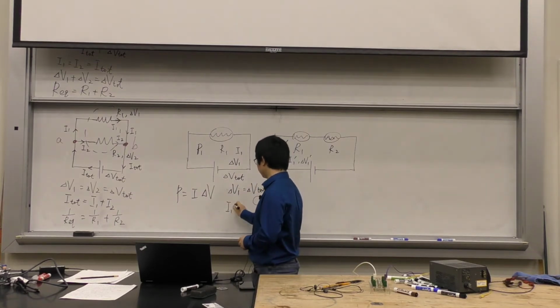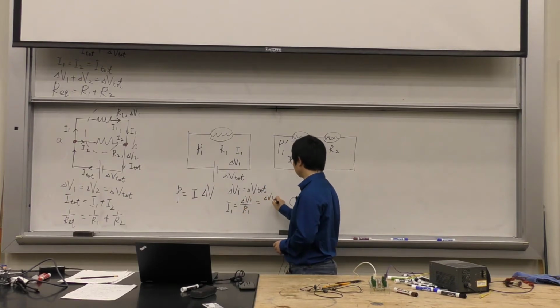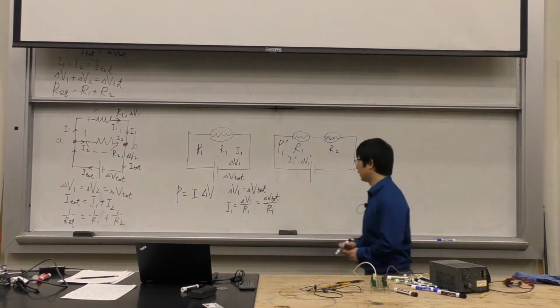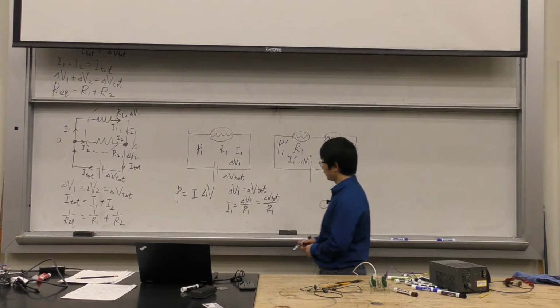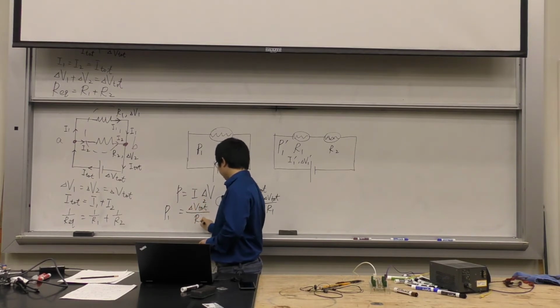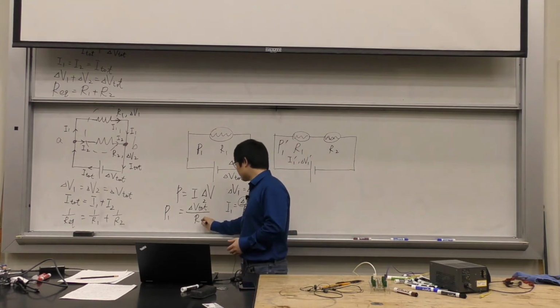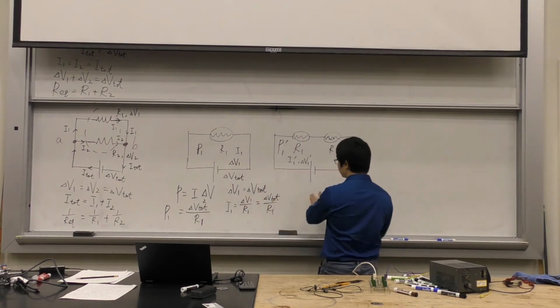I1 is going to be V1 over R1, right? So it's just going to be V total over R1, okay? And then if you multiply them together, what do you get? You will get, so P1 is going to equal V total squared over R1. I don't have numbers, that's fine. I just want to see how these values are going to change if I switch to this circuit.